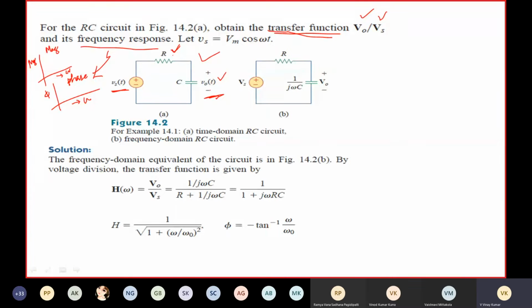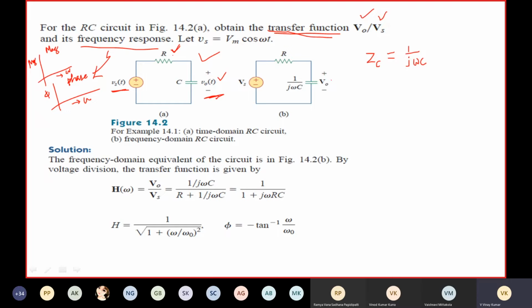Coming to Vs of t, let us write Vs of omega, or simply Vs. In the frequency domain I can write impedance. What is the impedance of the capacitance? Zc is equal to 1 by j omega C, the impedance of the capacitor.